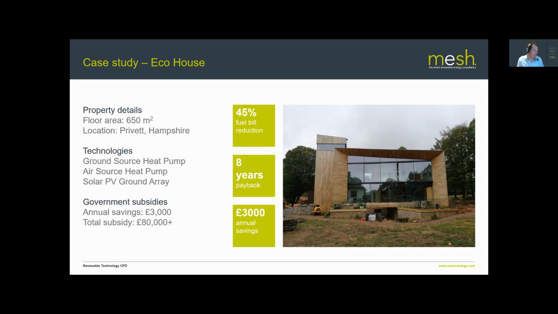So in total, we reckoned that the running cost savings over the oil system would be about £3,000 a year, and with a total subsidy of £80,000, that gave an overall payback of around 8 years against putting in the cheaper capital cost of the oil boiler. That was the alternative. We also managed to develop a 45% reduction in fuel bills, which was quite impressive.